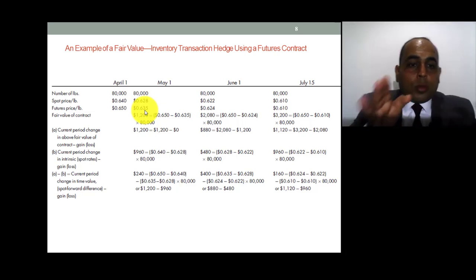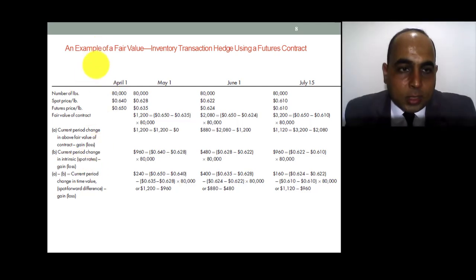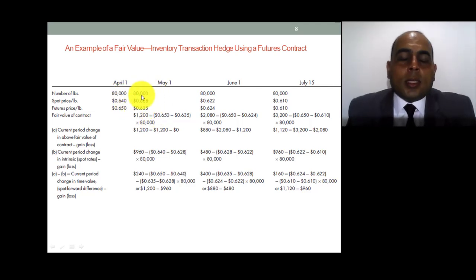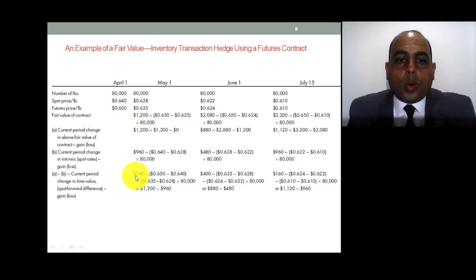Here we are talking about the changes in time value because of the difference between the future and the spot price on the date of agreement, and the future and spot price on the date of preparing the financial statement. Here we are talking about 240.